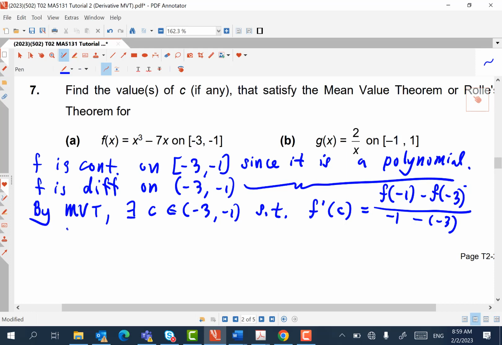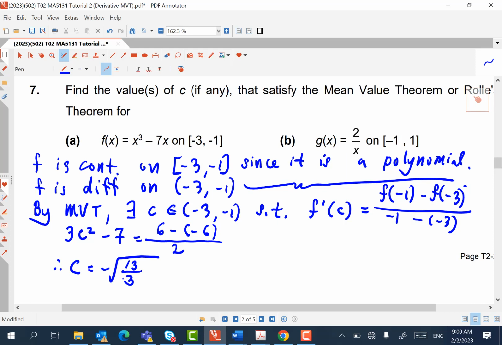This becomes 3c squared minus 7 equals, what is f of minus 1? 6. What is f of minus 3? And then over 2. So do you know why I chose the negative root? Right. You must choose the c value that is within this range of values.